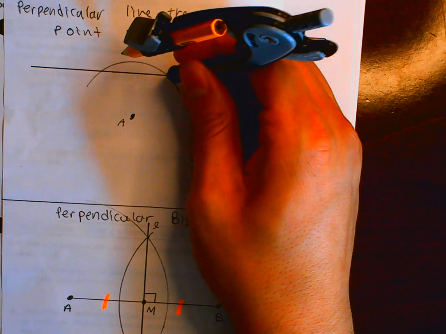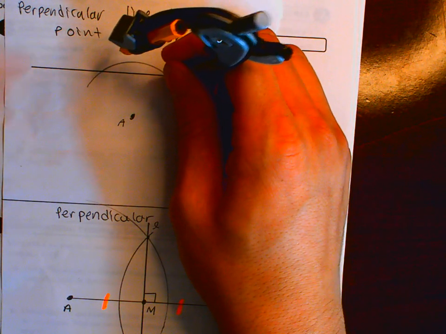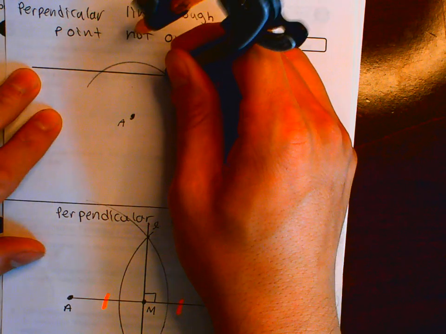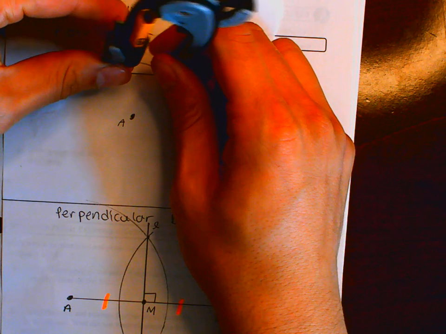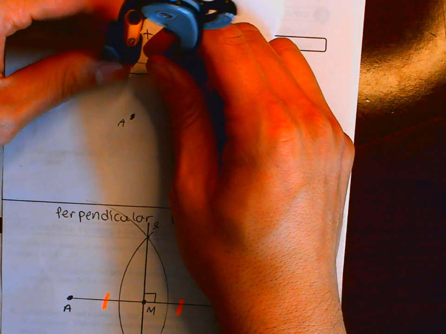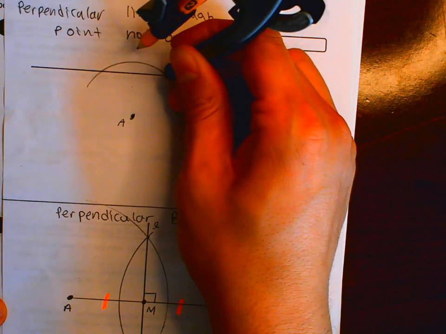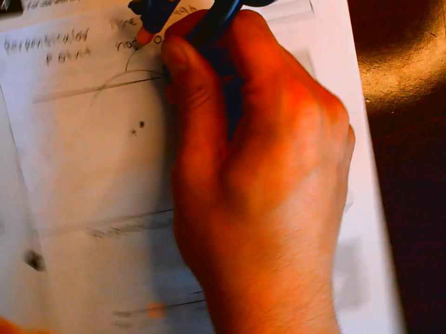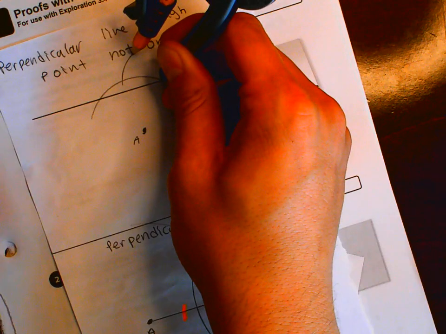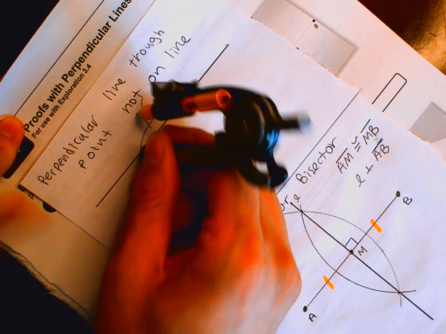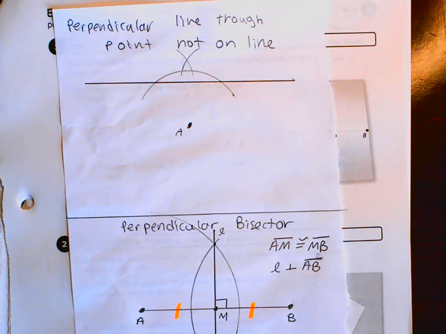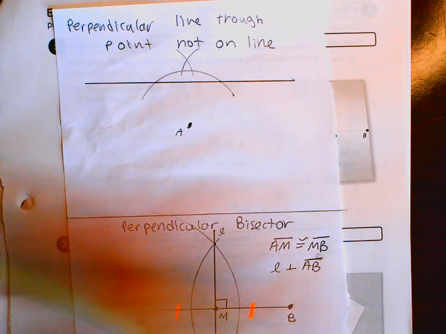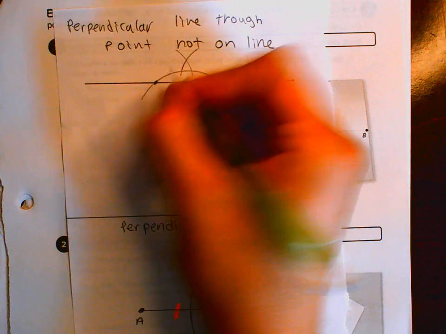I probably should have done this a little bit lower, so I'm going to close it just a bit. I just have to make sure it's a little bit more than halfway. So from here, I'm going to draw an arc like this, and do it from this other endpoint like that. Where did I get these two? I got them from here and here.